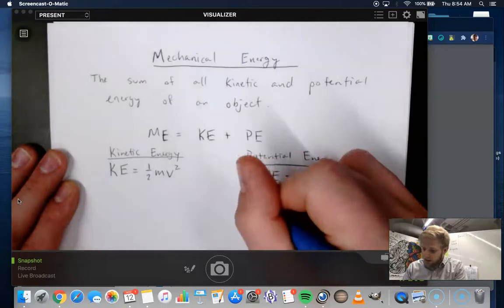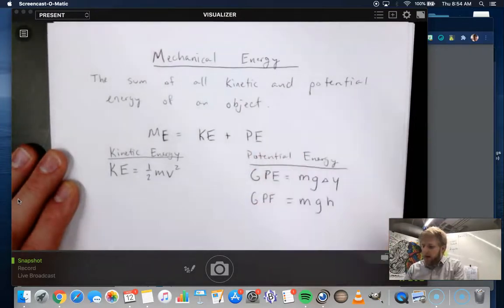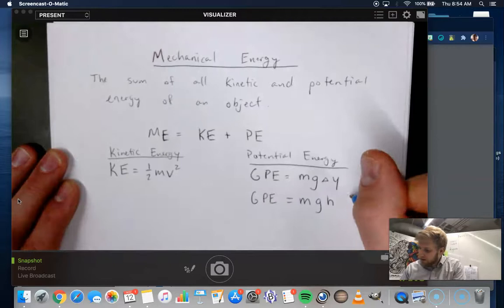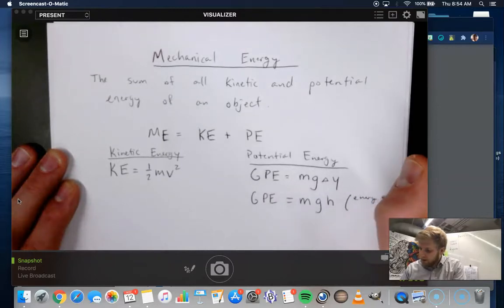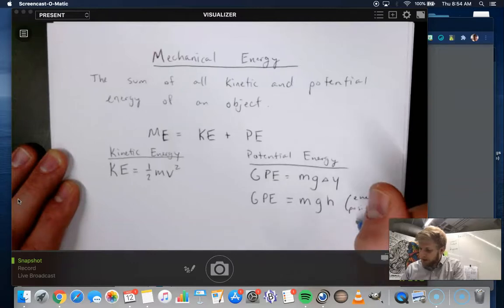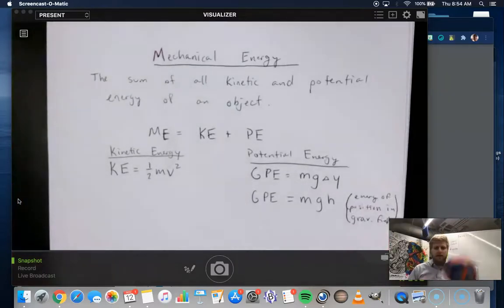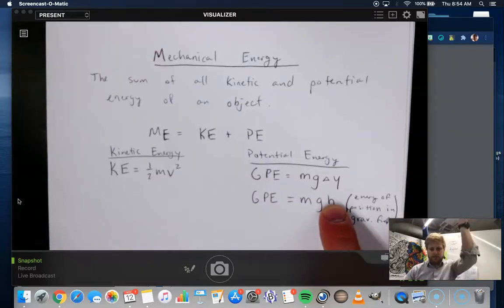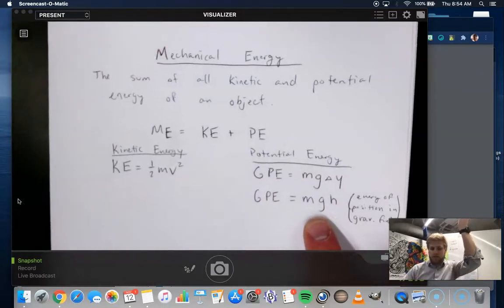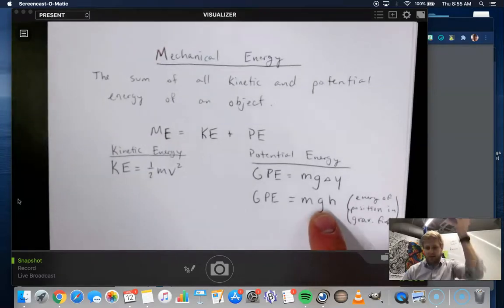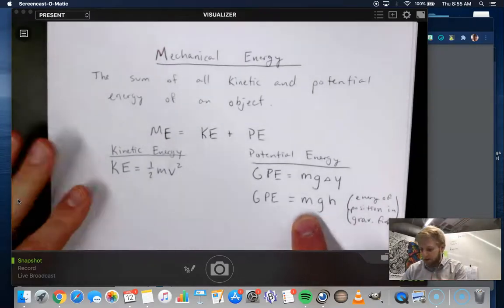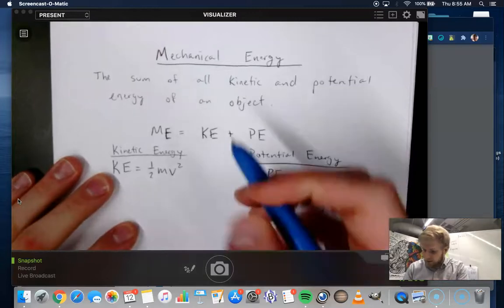We can think of gravitational potential energy as the energy of position in a gravitational field. What I mean, and we'll talk more about this, is that an object has more potential energy as I increase the height. It has more potential energy in a stronger gravitational field, and the heavier it is, the more mass it has, the more gravitational potential energy it has.